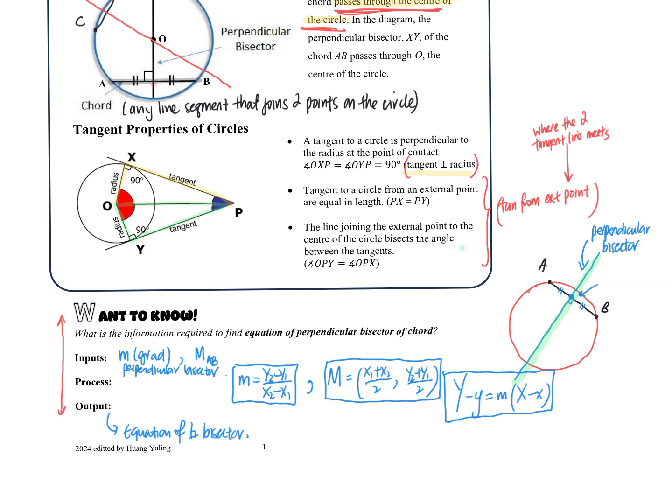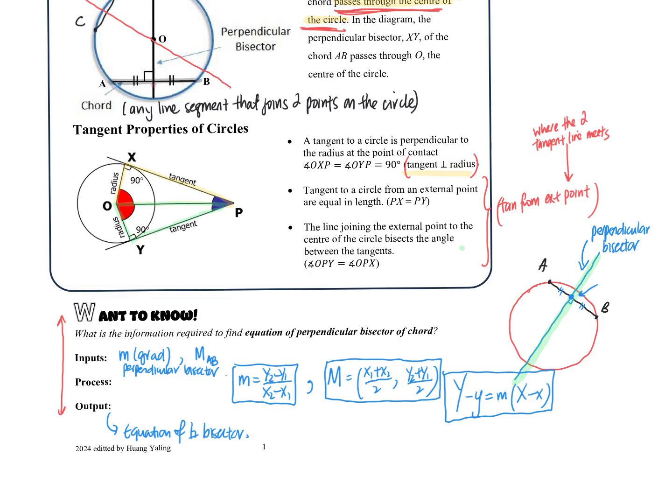But the crux is this: if I give you the circle but don't give you the center, I give you two points lying on the circle. The first step is to find that tiny midpoint here. The second step is to find the gradient of the line AB, which gives the gradient of the perpendicular bisector.